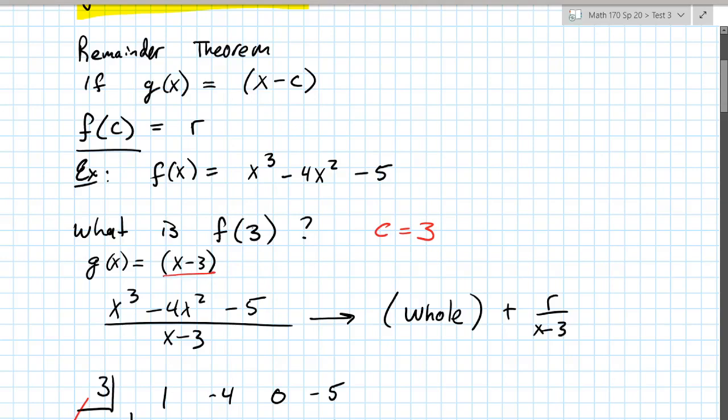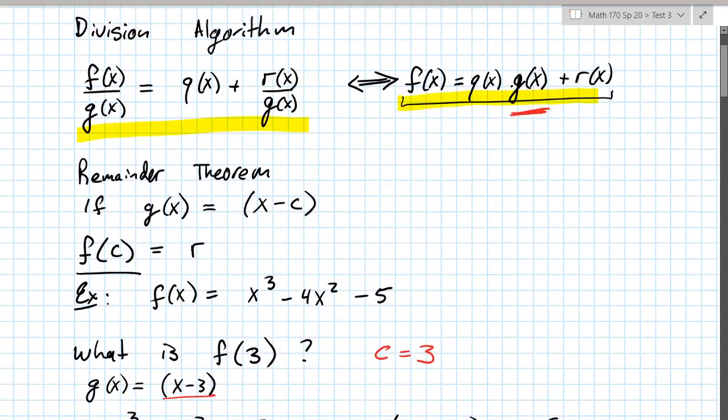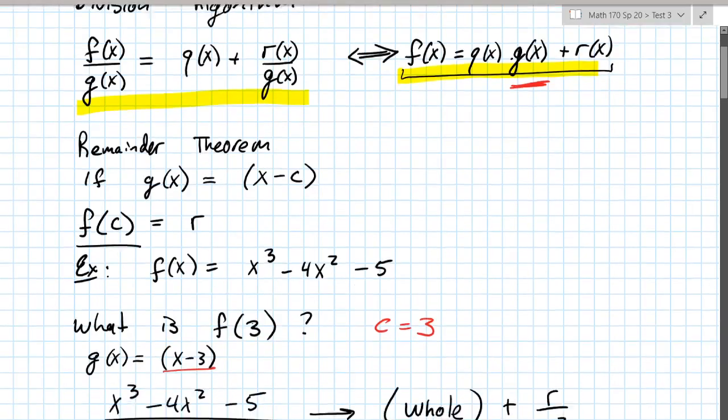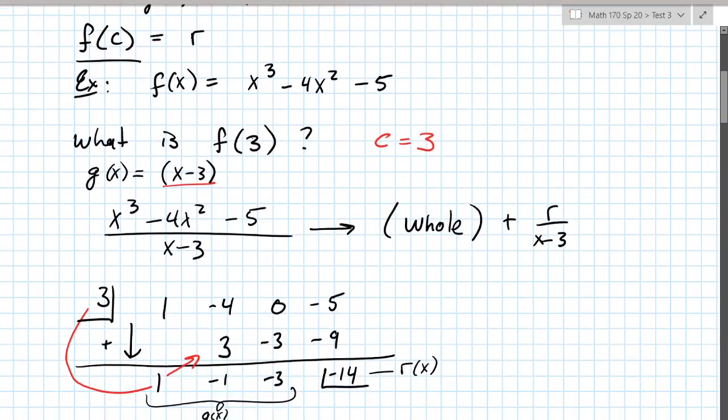Since we started off with our function f of x, we would like to rewrite it in terms of this division. So take f of x and divide it by g of x. Taking our f of x, x cubed minus 4x squared minus 5, and dividing it by g of x, x minus 3, we should end up with the whole number part plus the remainder part.